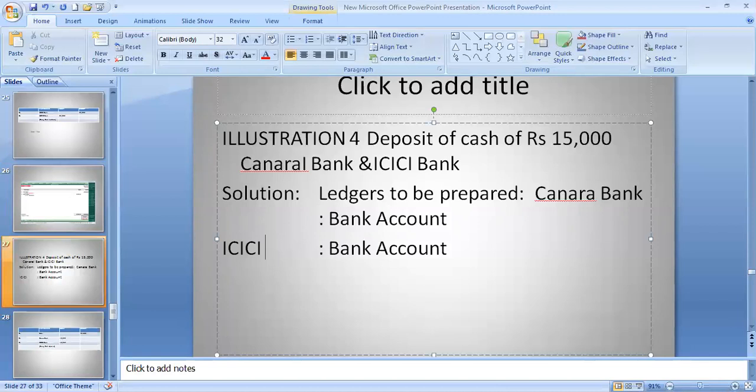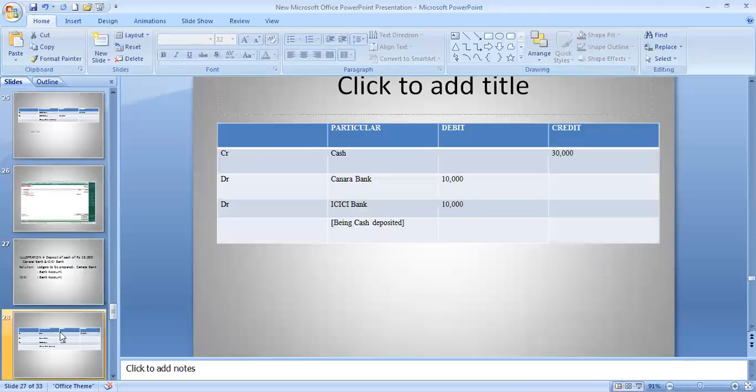So who will be the receiver here? Canara Bank as well as ICICI Bank will be the receiver. What is going out from you? The cash is moving out from you. So what will be the transaction? The transaction will be cash, Canara Bank, ICICI Bank.